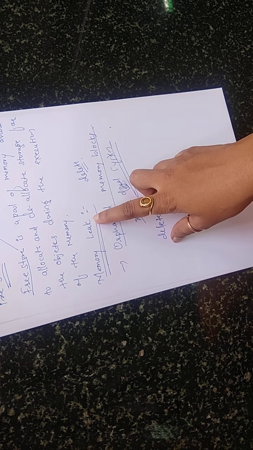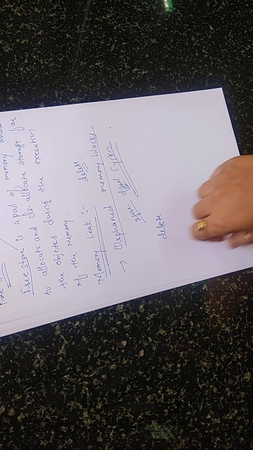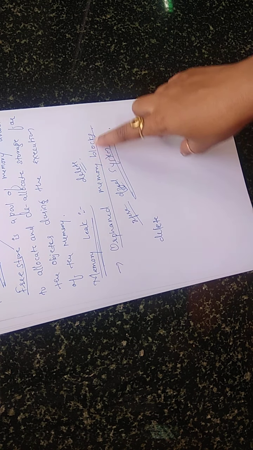If the number of such memory blocks increases, it will create a reverse effect on your system. The system may hang or stop working, and that situation is called a memory leak due to the loss of memory. Such memory blocks are called orphaned memory blocks.